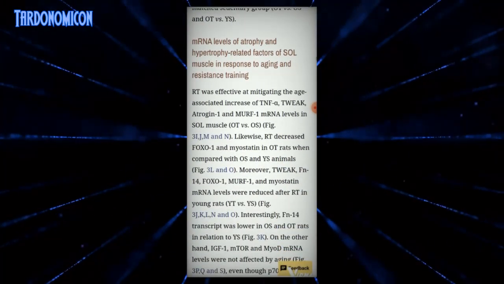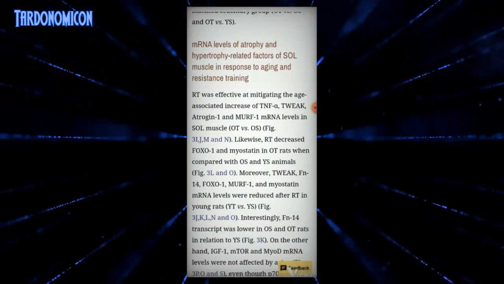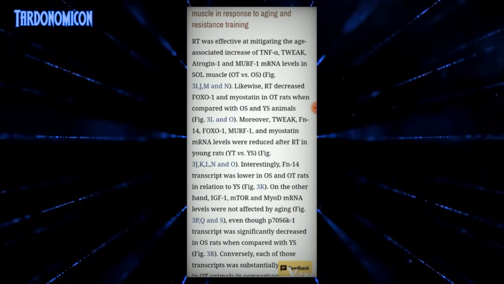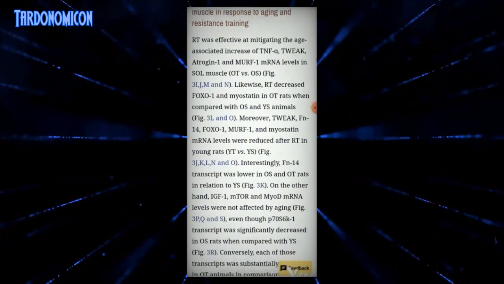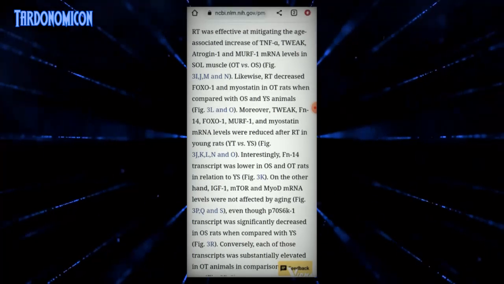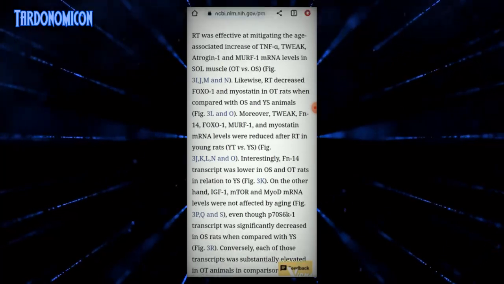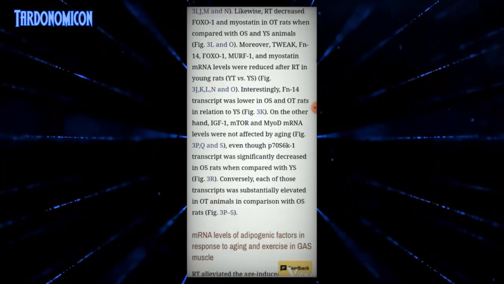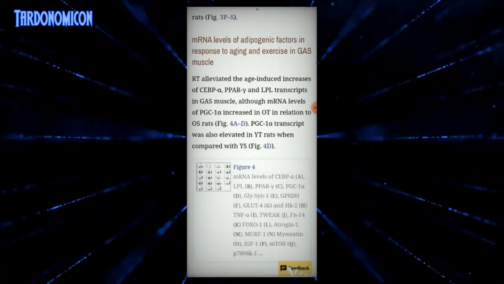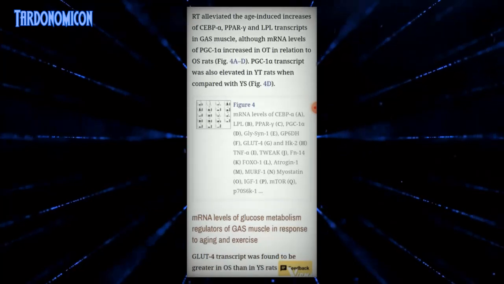Okay, so RNA levels of atrophy and hypertrophy related factors. Okay, resistance training was effective at mitigating the age-associated increase in the molecules associated with muscle atrophy. Interestingly, so resistance training alleviated the age-induced increases in these molecules here.